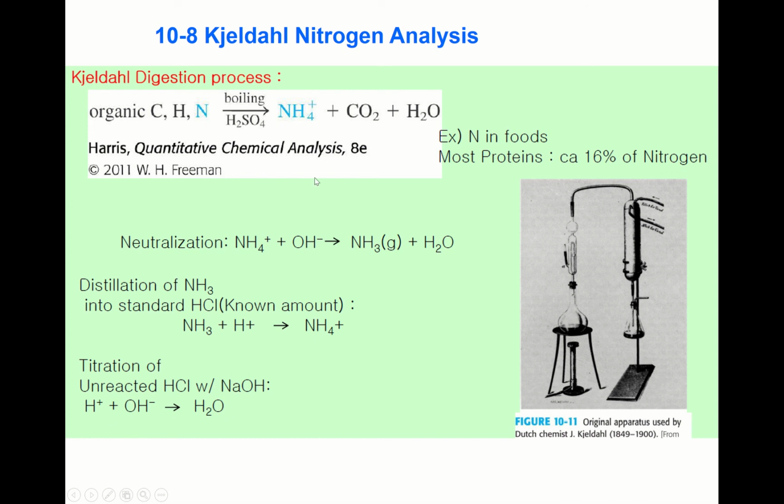This series of reactions is very efficient for analyzing nitrogen, especially in food, and they are all acid-base chemistry. So acid-base chemistry can be used practically to analyze nitrogen, especially in food.